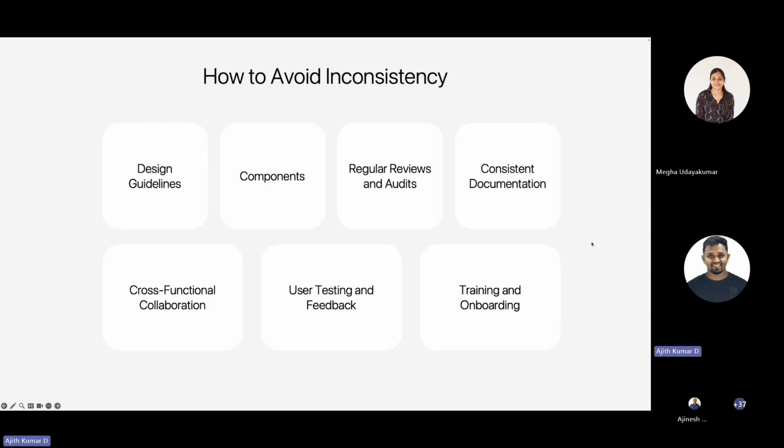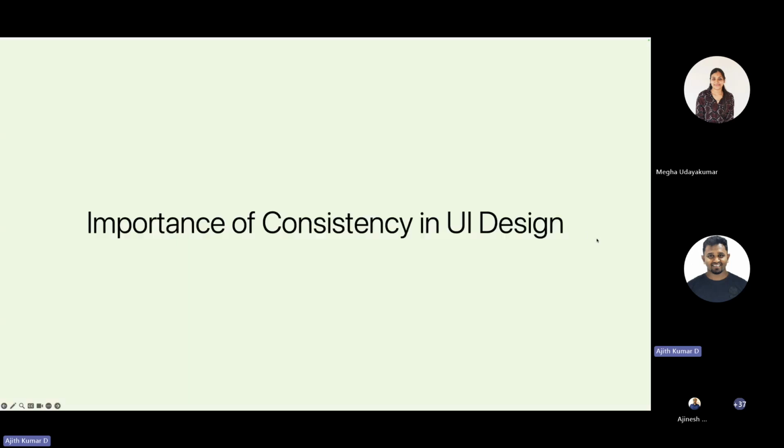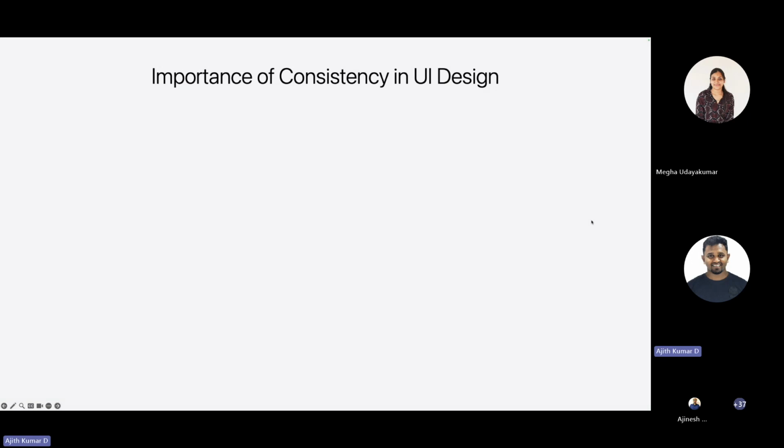Okay, let's move to the next slide, the importance of consistency in UI design. What is the benefit of consistency? If we keep consistency in our design, what could we achieve from that?